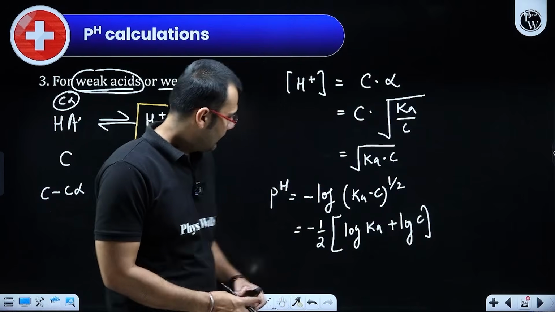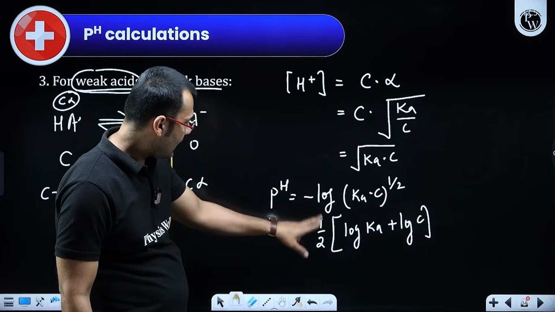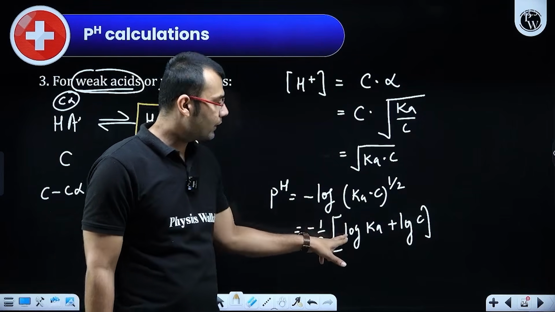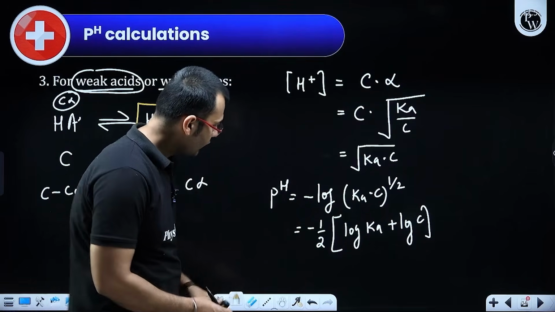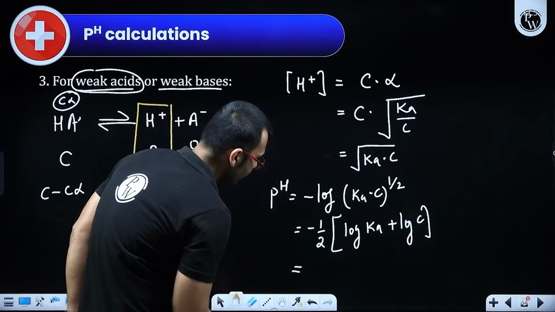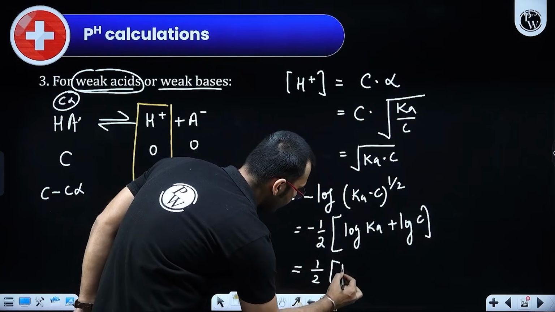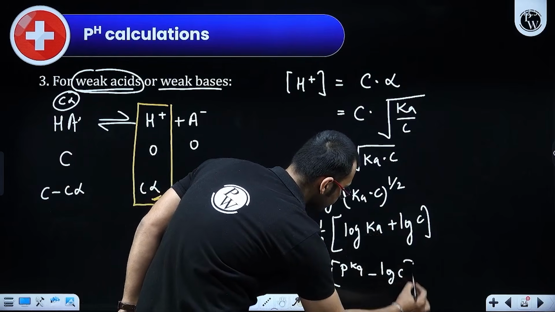Remember, I have a minus sign here. If I multiply with minus in this expression, half into this will be minus log K and this will be minus log C. Minus log K can also be written as pKa, right? So the formula of pH for weak acid can be written as half, minus log K will become pKa, and this will remain as it is, minus log C.